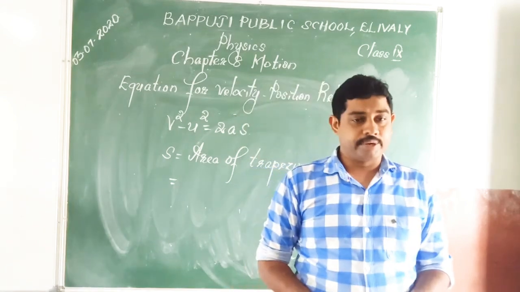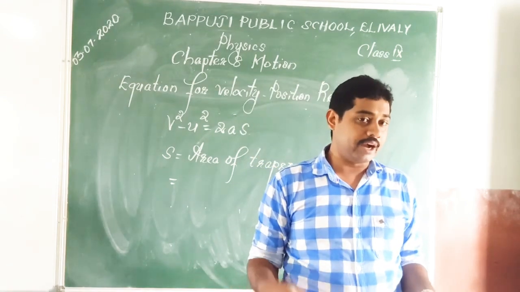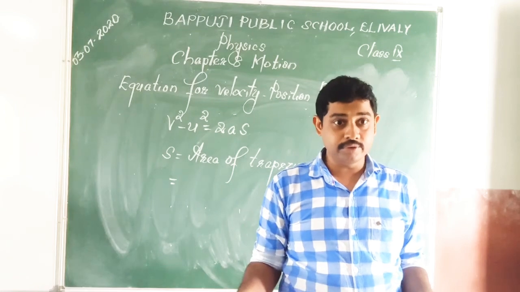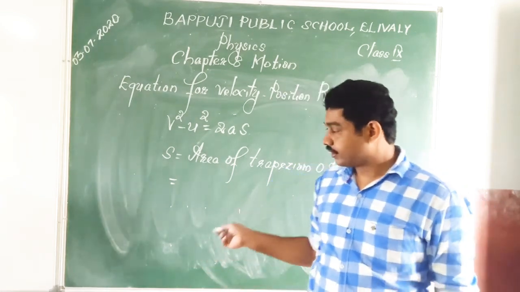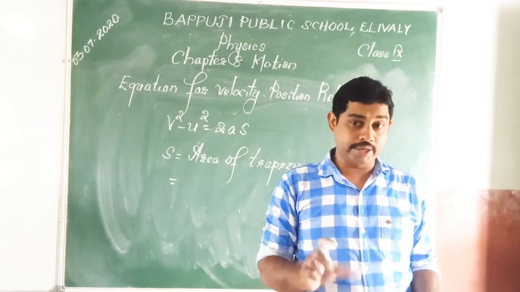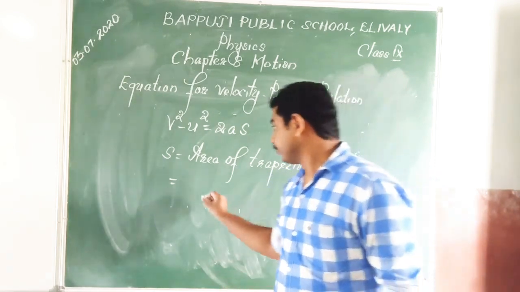What is the area of trapezium? Area of trapezium is half the sum of the parallel sides into the perpendicular distance. Here the parallel sides are OA and BC.